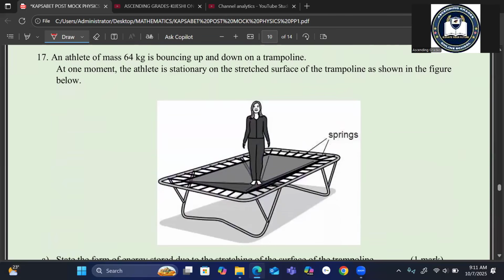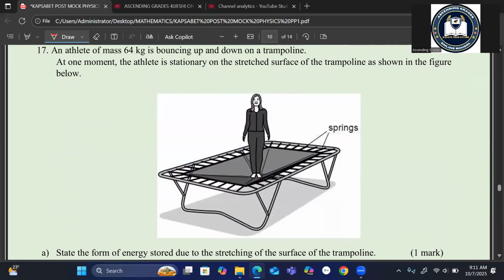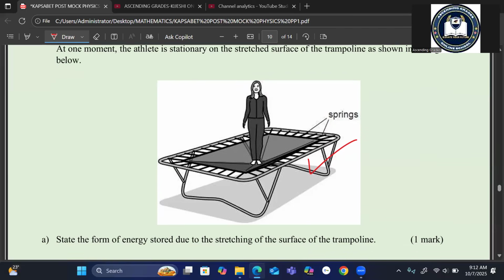An athlete of mass 64 kg is bouncing up and down on a trampoline. At one moment, the athlete is stationary on the stretched surface of the trampoline as shown in the figure. So we are having this one as our figure. Then she is standing on the trampoline.